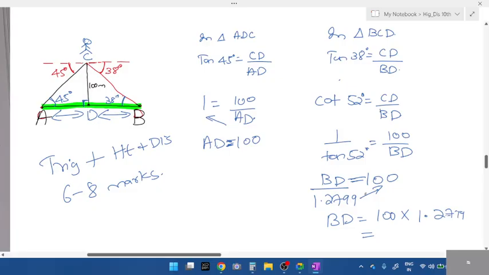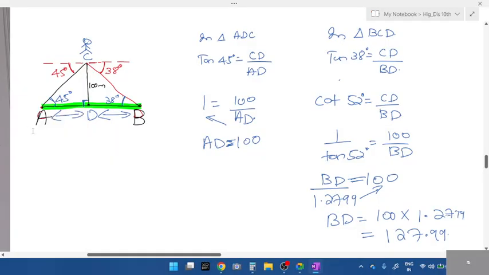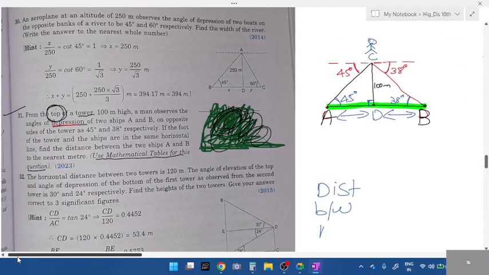So what's the answer? BD value? 127.99. Right? So what's the distance between A and B? Yes, very good. Write it like this, students. Distance between, not A and B. What was given here? Distance between two ships.